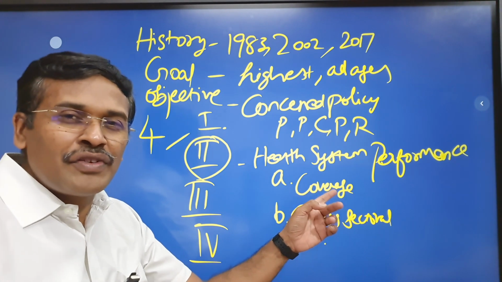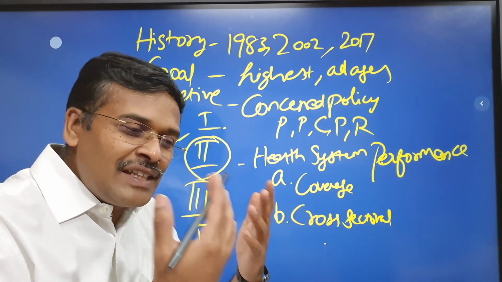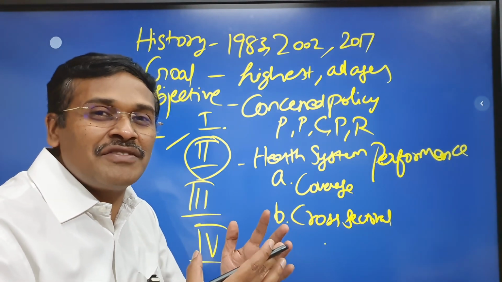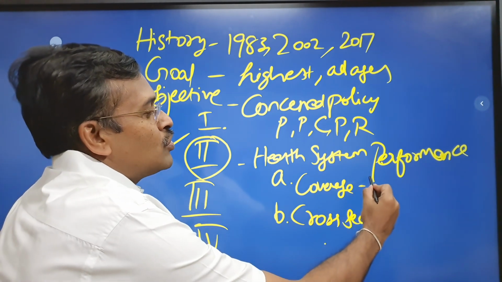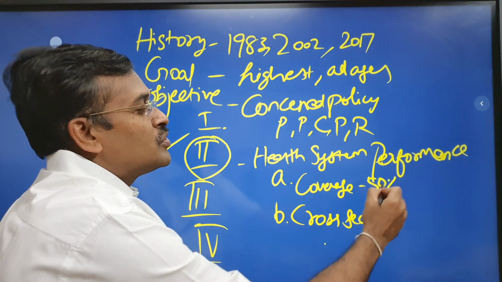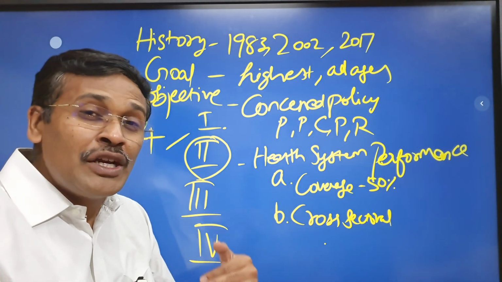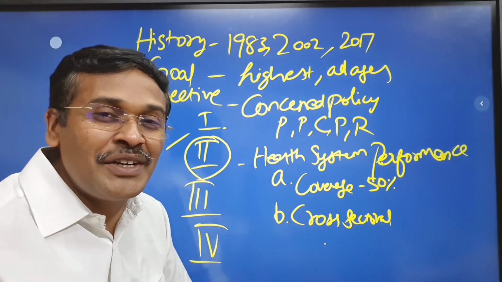In coverage of health services, obviously the usage of government health services is very poor. So we would like to increase the usage of government health services to at least 50% by the year 2025.